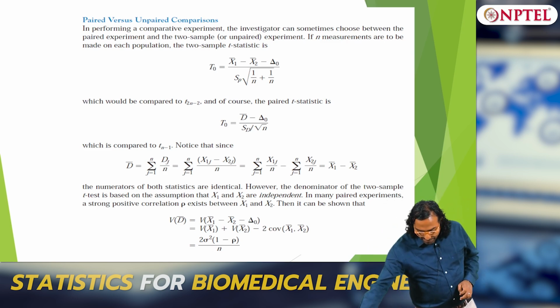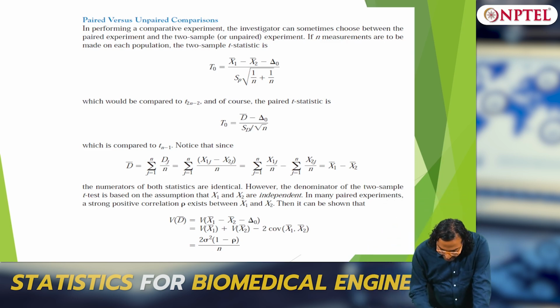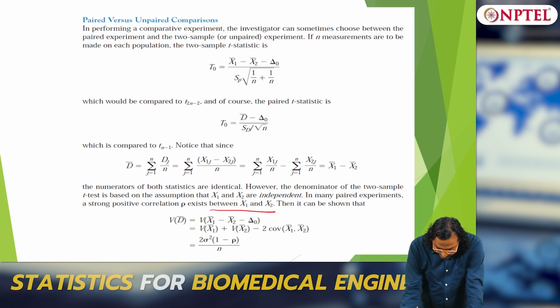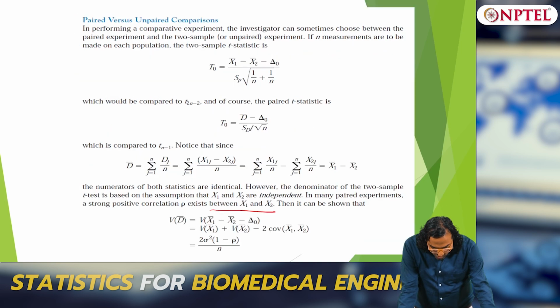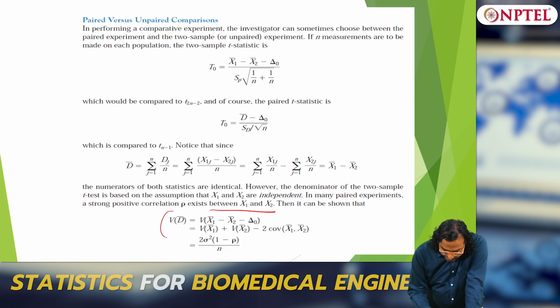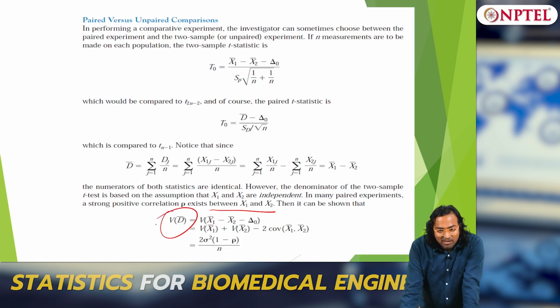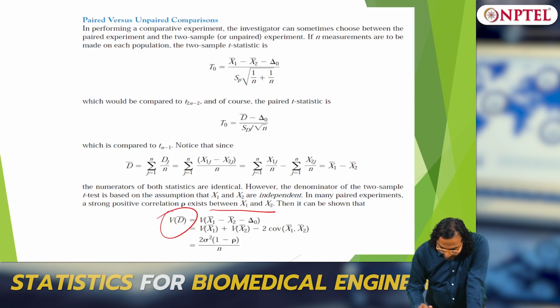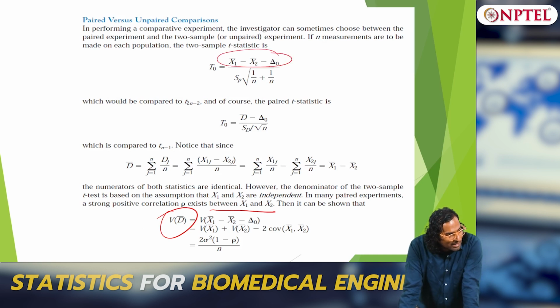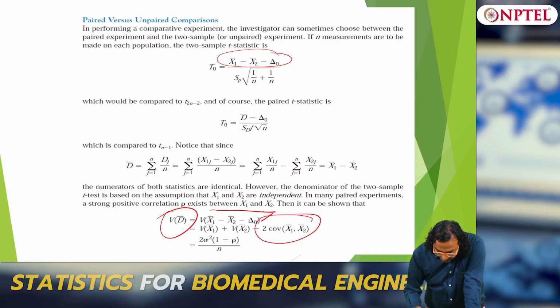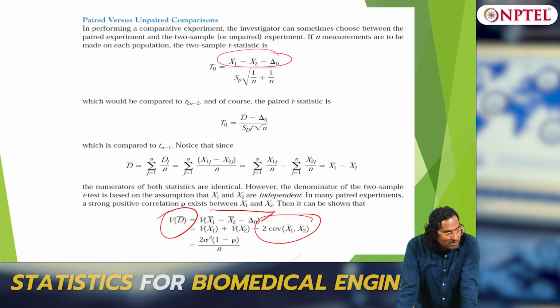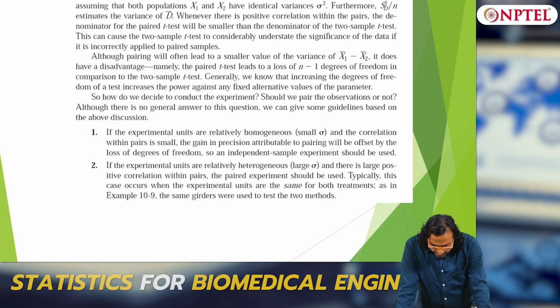And in many paired t-tests there is a correlation that exists between x1 and x2. We will see what correlation is. Okay. So you will see the variance of d bar. What is d bar? X1 bar minus x2 bar minus whatever you want to call it, delta naught, that is the deviation. The variance of d bar has a relationship as well, a covariance, many a time.